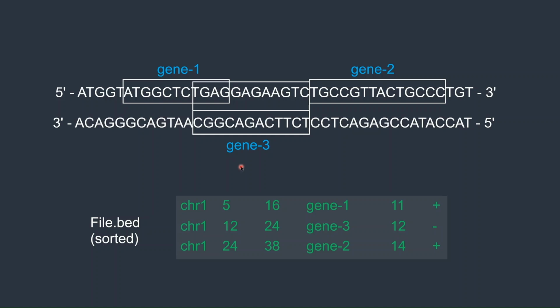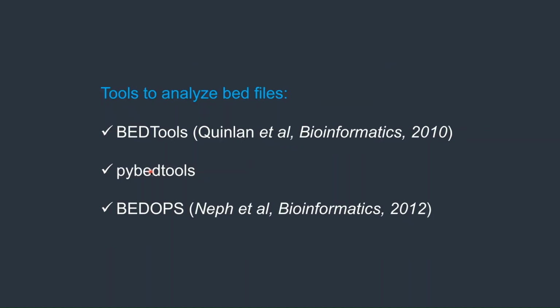For example, using those tools, we can easily get how many bases are overlapping between two genomic features and whether some feature is upstream or downstream of another feature, or what is the distance between features. Also, if we want to merge two features together, we can also use those tools.